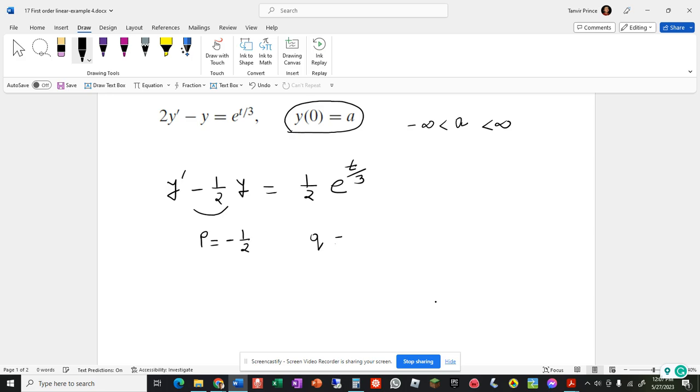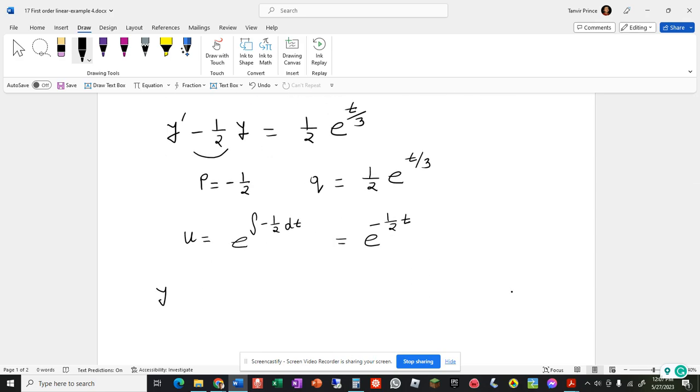The q is the right hand side. So u is e to the power integral of p, which will be e to the power negative half t. We do not add any c at this point.